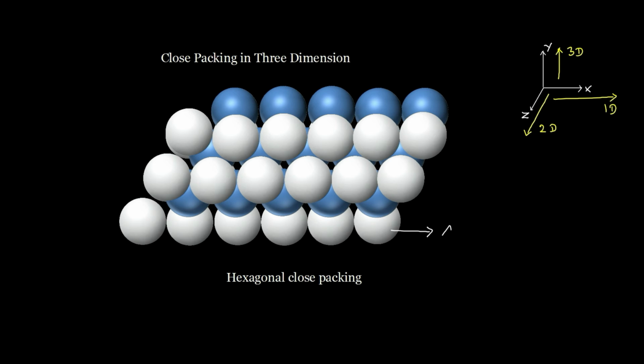The first layer is mentioned as A, the second layer is B, and the third layer is similar to the first layer. It is aligned with the atoms of the first layer, so it is also A. So this type of arrangement is called an AB-AB arrangement, which leads to 3-dimensional hexagonal close packing.